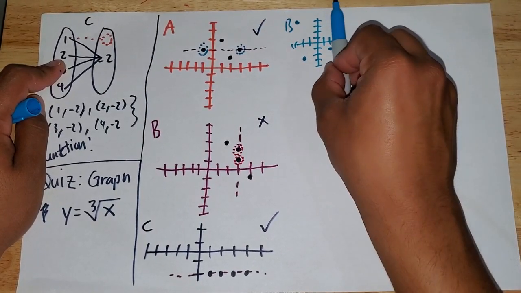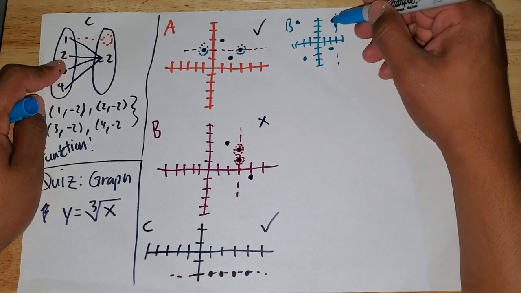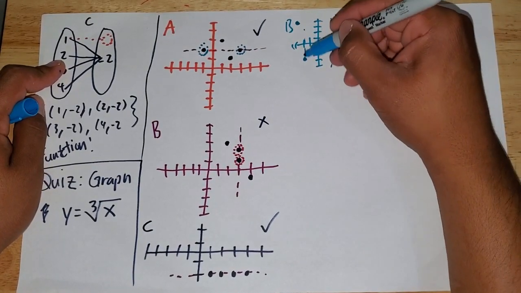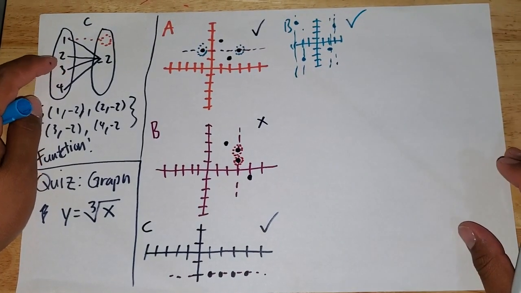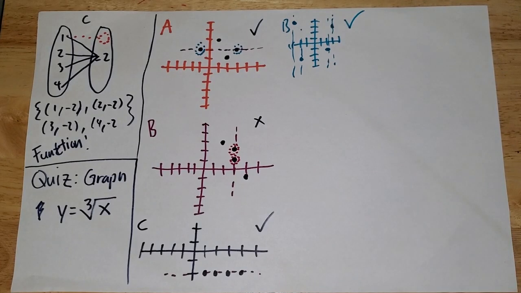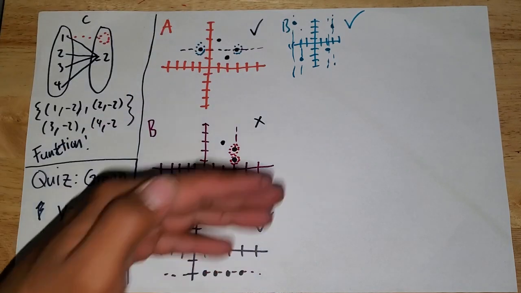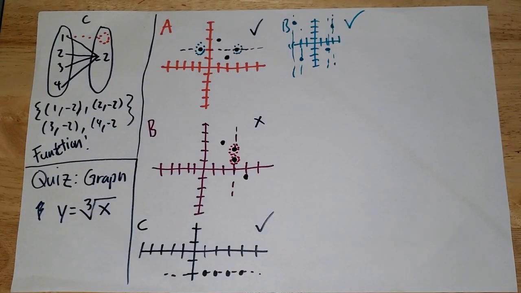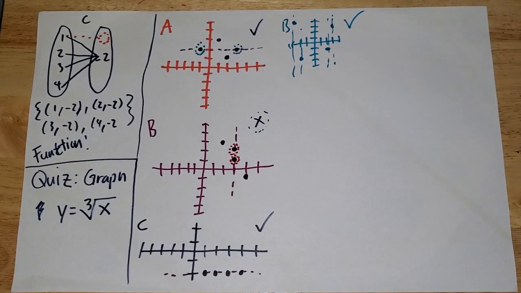We care about, are there any stacked up against each other? There's nothing stacked up here, nothing stacked up there. Hence, that is going to be a function because none of them are stacked on top of each other. I'll worry about them being side by side later, but right now the main thing is that I don't want them to be vertically above each other.